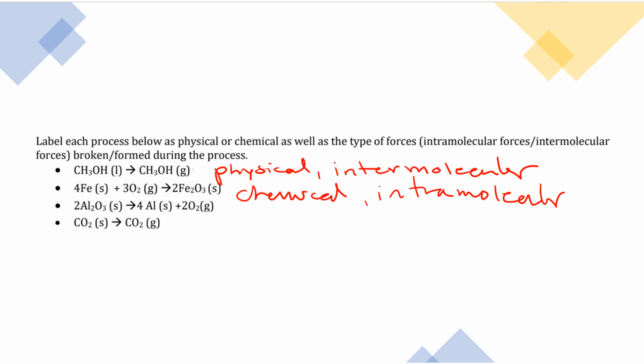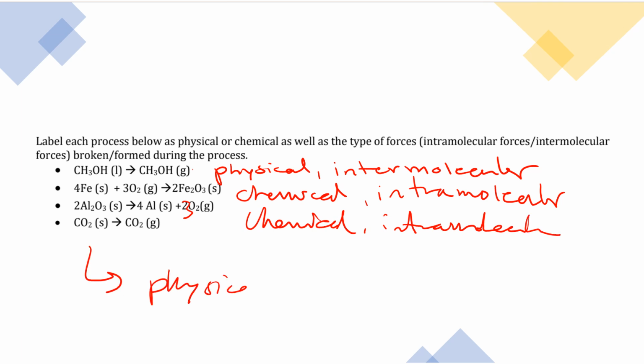Which actually should be 3. So this is also a chemical change, intramolecular. Here you have solid to gas for CO2, so this is physical. And then intermolecular forces are broken, INTER.